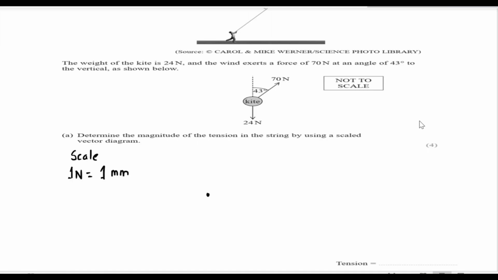So first 24 Newton, so 24 millimeter, and the force exerted by wind is 70 Newton, so we need a 70 millimeter length line, and 24 millimeter.